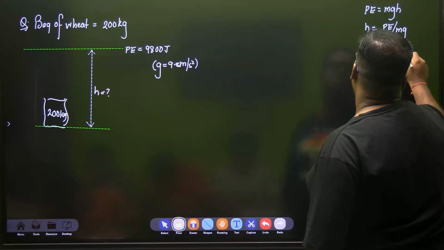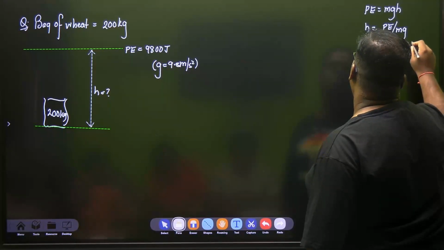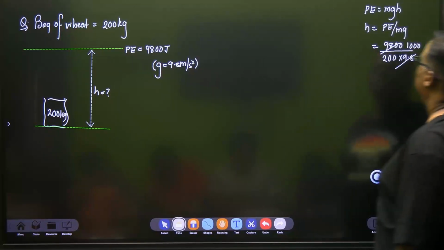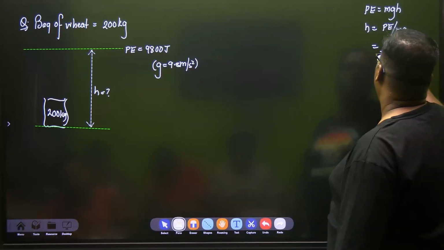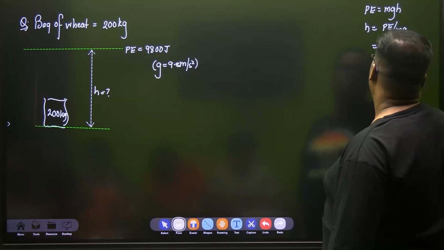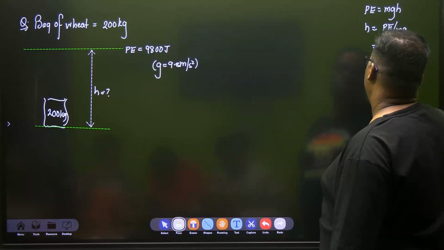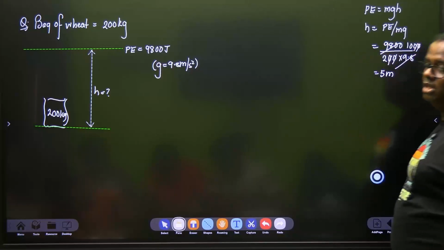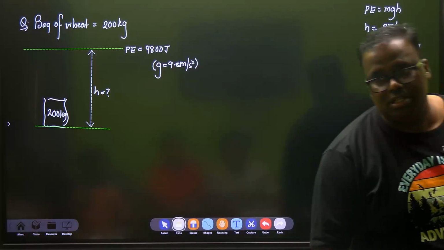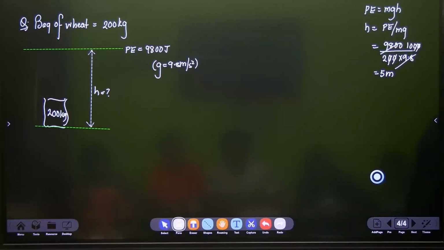And G is 9.8. 9.8 multiplied with this will give you how much? 1000. Correct? And then this 0, 0, 0, 0 gone. So you're left with 5 meters. That means if you raise it by 5 meters, its energy will become 9800 joules.